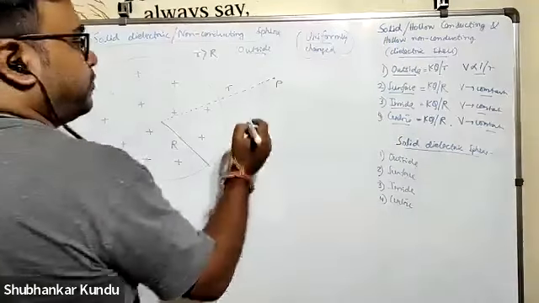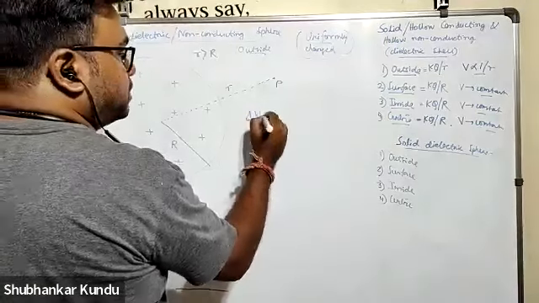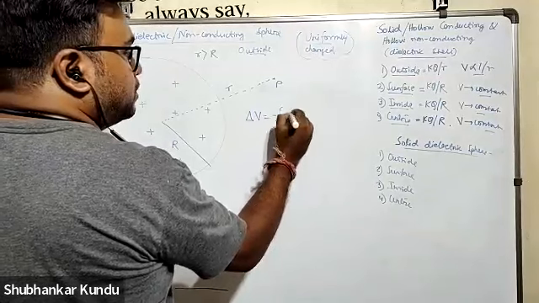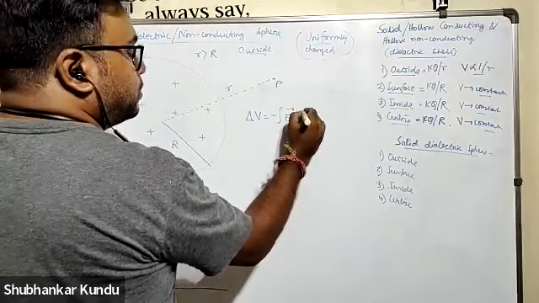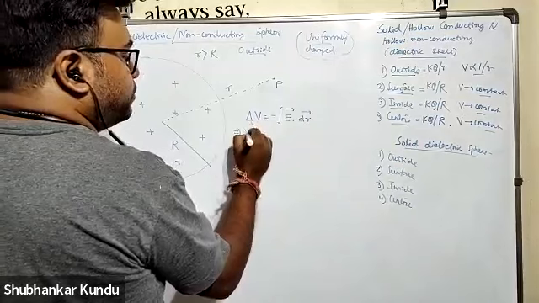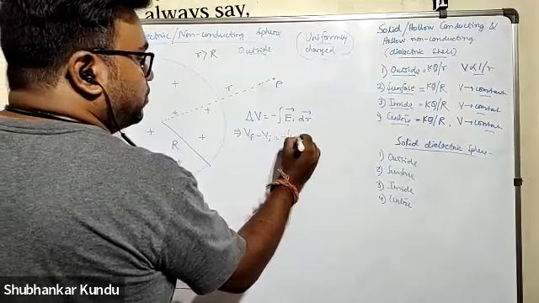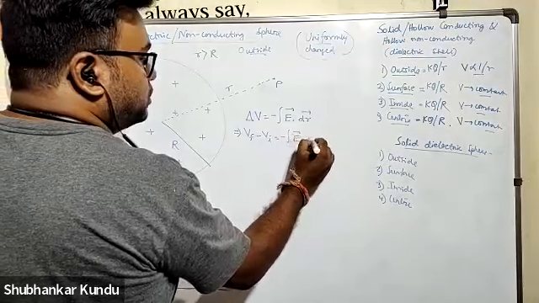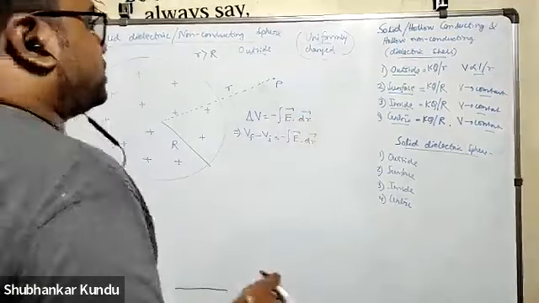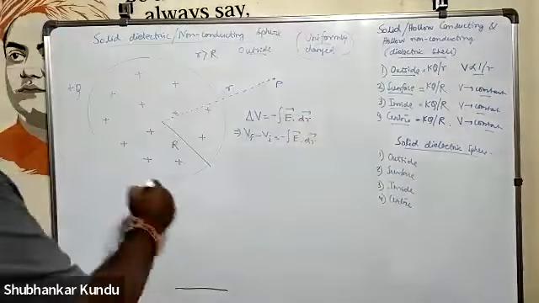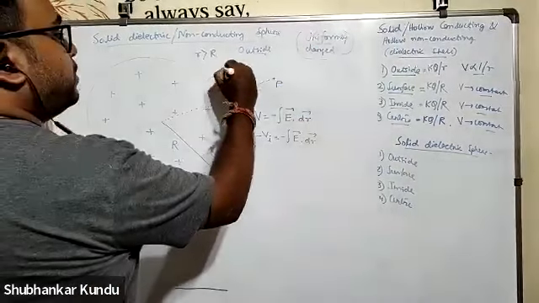The potential at P will be given by the concept of delta V equals minus E dot dr. Delta V is V final minus V initial, equal to minus E dot dr. What is the direction of the electric field? This is a positively charged sphere, so the direction of the electric field will be outward.